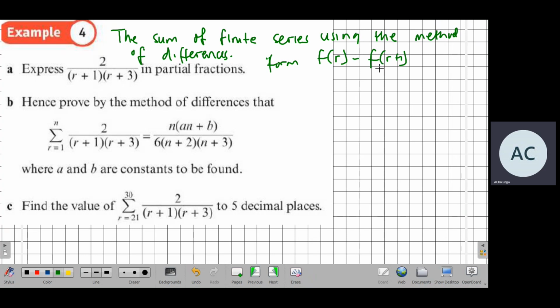For this type of series, the sum can be found because there is a pattern that is going to be derived from this form. The sum of the n terms can be found by saying summation of f of r minus f of r plus 1, like this.